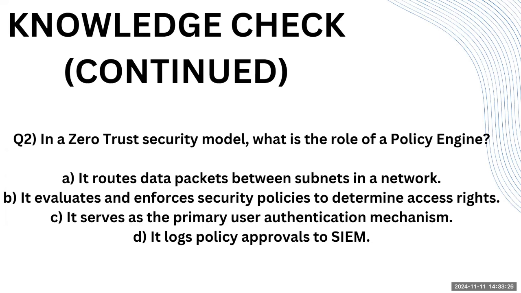But also don't forget about the second part of B, which is determine access rights. Exactly. And when we say C, it says it serves as the primary user authentication mechanism. That's not really correct, right? Yeah, because that would basically be the entire system, not just the one thing.